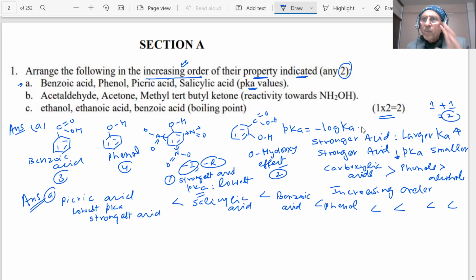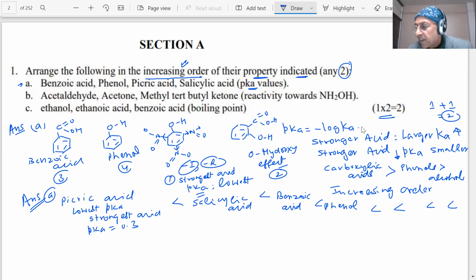So I have tried to explain you in clear, complete detail the electronic factors, how electron withdrawing groups will increase the acidity, and all the factors which are operating. So you already see, if you will check the pKa's, you will find picric acid is a very strong acid, and the pKa of this is around 0.3, student.